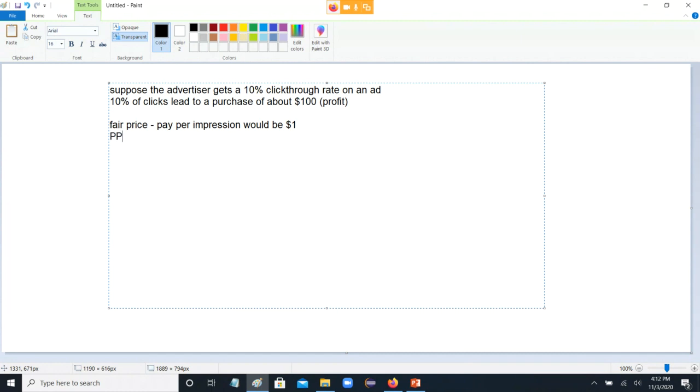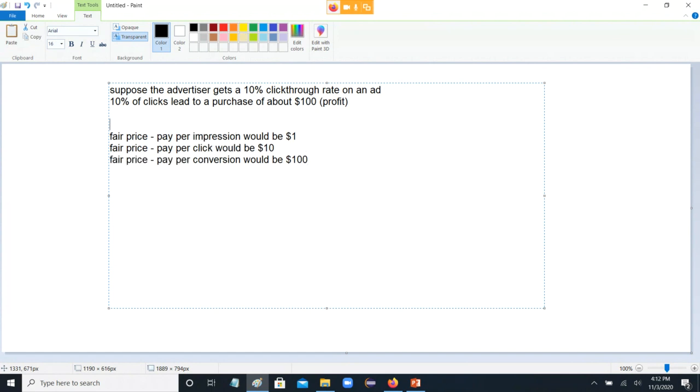So pay per click, right? Fair price pay per click would of course be $10, right? Because again, 10% of the clicks, however many clicks there are, 10% of them are going to make you about $100. And of course, fair price pay per conversion would be $100, right? And of course, all these are maximum prices.